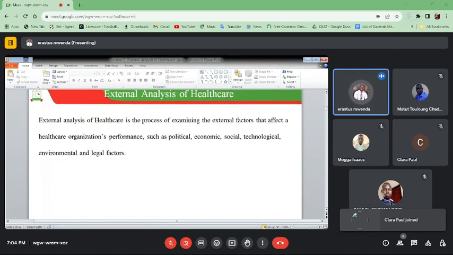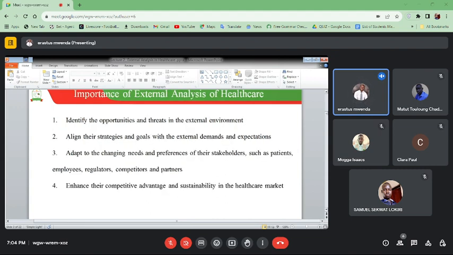I have been able to give examples of some of these factors in the previous slide, and I'm sure as we continue with the session, you will also be able to interact with these examples going forward.